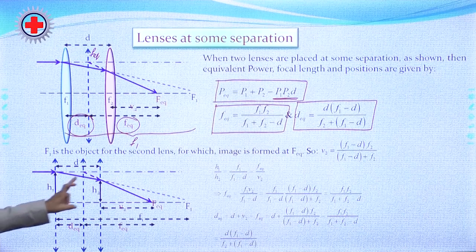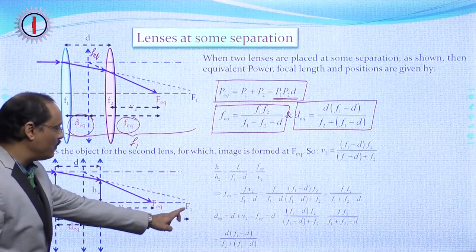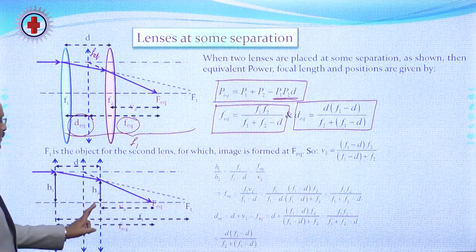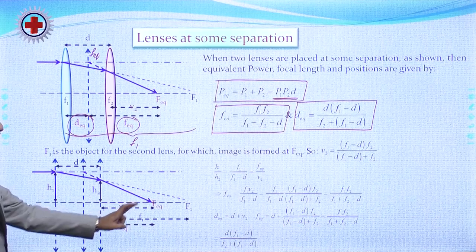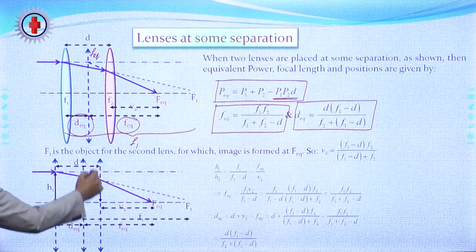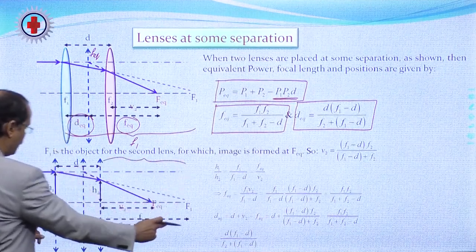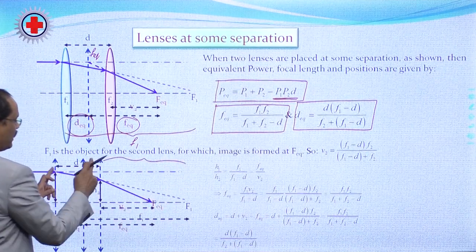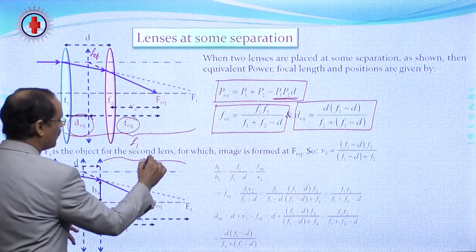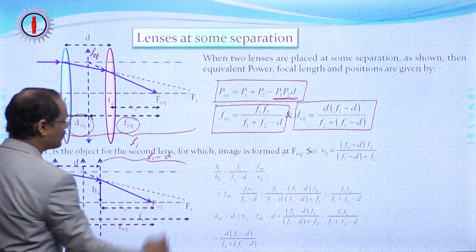From the first lens, the image is formed at f1. This is the object for the second lens, and the final image is formed. The distance of the object from the second lens: from the first lens the distance is f1, the separation is d, so this particular distance is f1 minus d.